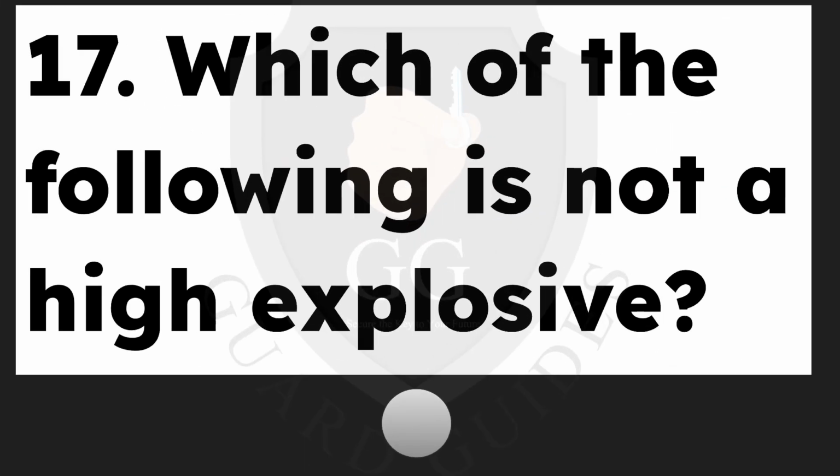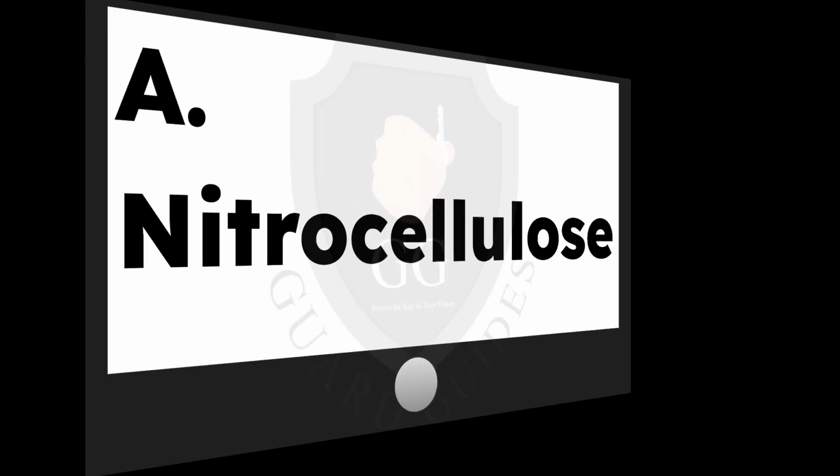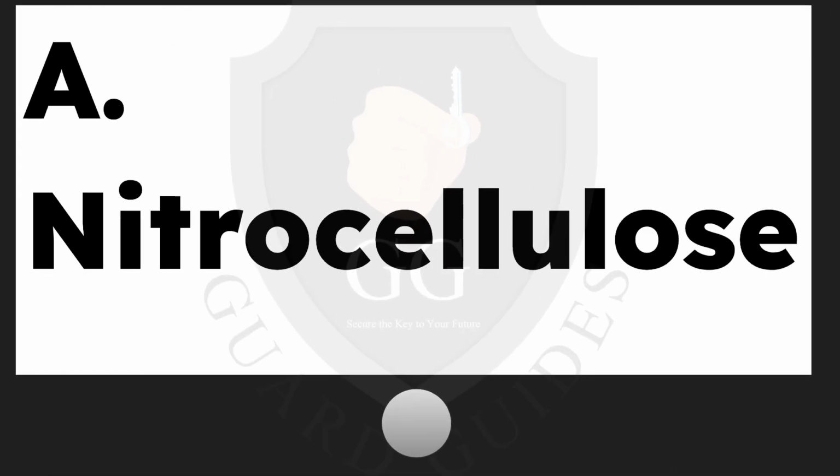Number 17. Which of the following is not a high explosive? A, nitrocellulose, B, nitroglycerin, C, dynamite, D, nitrostarch, E, picric acid. The answer is A, nitrocellulose.